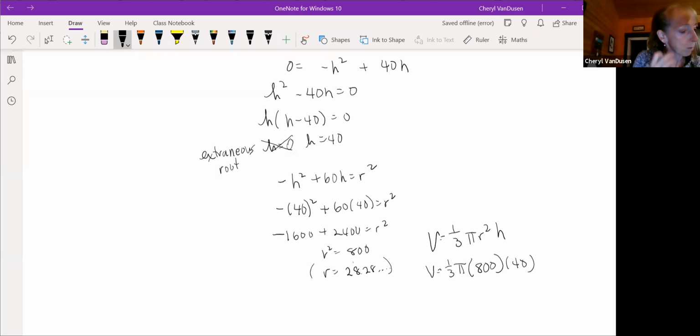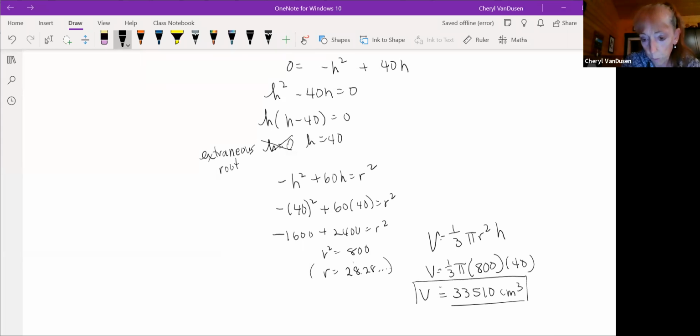Grab out your calculator one more time, do your calculation, and you should get, they rounded off to the nearest centimeter cube. Let's just see exactly what it comes out to be. It's probably not going to be too bad. Times 800 times 40. So 33510. So approximately 33510. And the units are centimeters cubed.